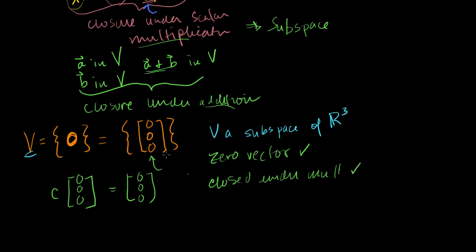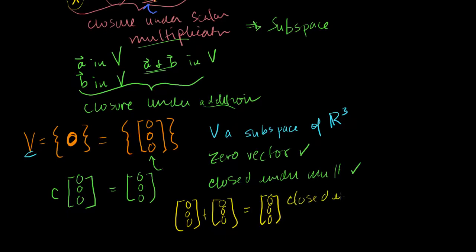That's a check. Now, is it closed under addition? Well, clearly, if I add any member of this set to itself, there's only one member, or to another member of the set, there's only one option here. If I just add that to that, what do I get? I just get that. I just get it again. So it definitely is closed under addition.